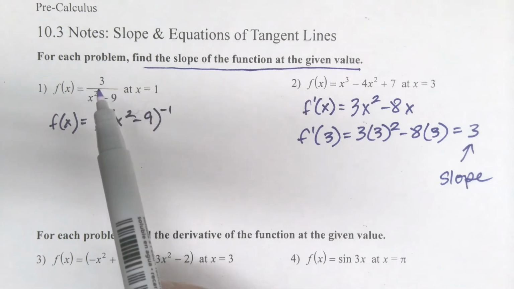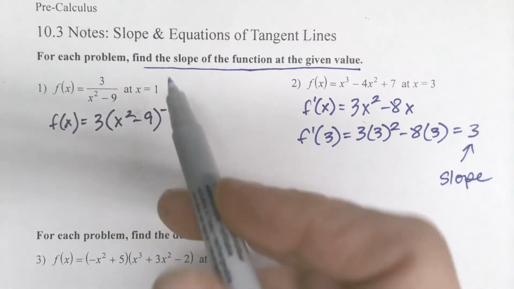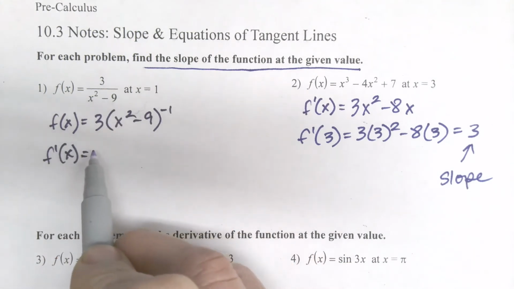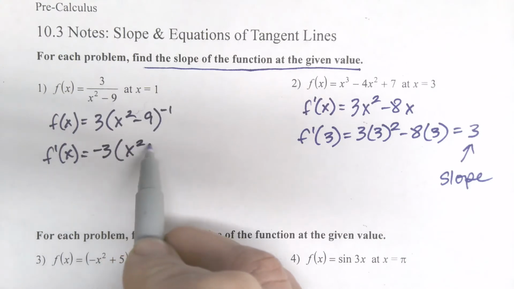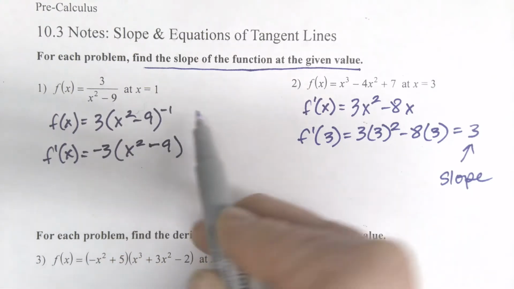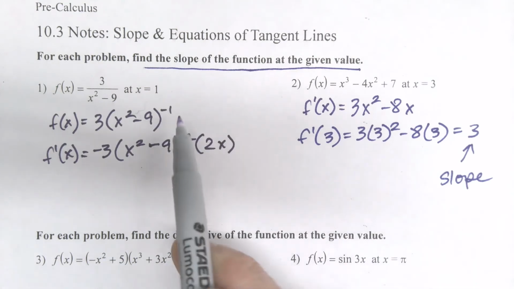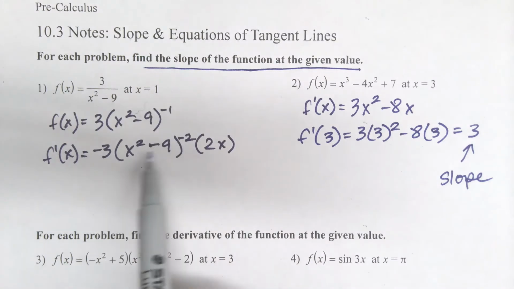It's easier on this particular problem because the top is just a constant, and that's why I'm choosing to do it this way. So f prime of x is negative 1 times 3, so negative 3 times x squared minus 9 to the negative second power times 2x, applying the chain rule. Bring that down, lower the power 1, inner as is, derivative of the inside.